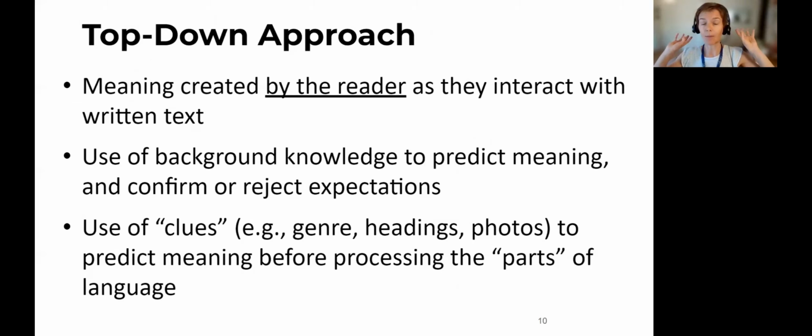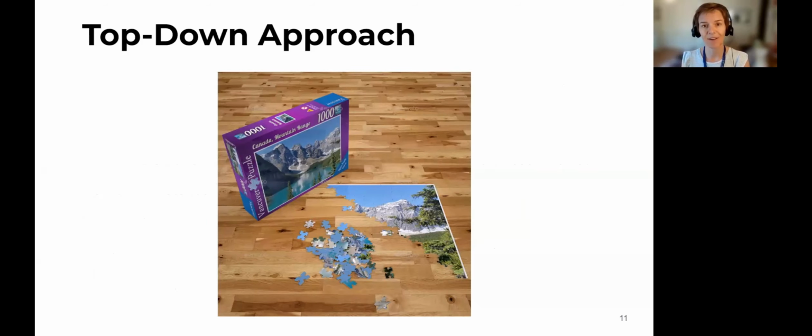We bring our prior knowledge, what we already know about the world, to the text, and we predict meaning, we confirm or reject expectations, we develop theories, and we use clues like knowing that it's a brochure, looking at the headings, looking at the photos to predict meaning before processing the parts or trying to sound out the words. So we can think of this as putting together the jigsaw puzzle with the image of the puzzle on the box. So we've got something to help guide our piecing together of the puzzle or of the text.